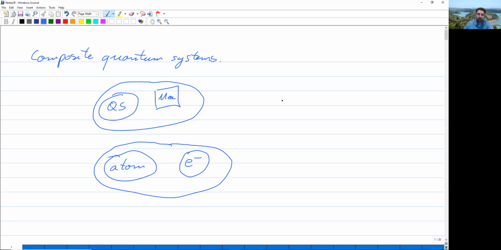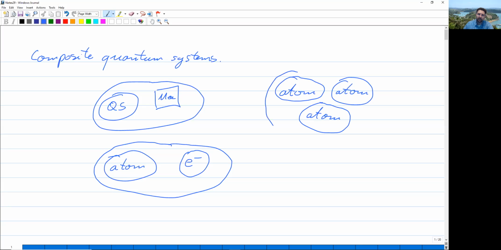Or another circumstance is that we have, let's say, an atom and another atom and another atom. Each one of them we could describe as a quantum system, but we might be interested in the molecule that they form. So then what's the quantum mechanics of the molecule?